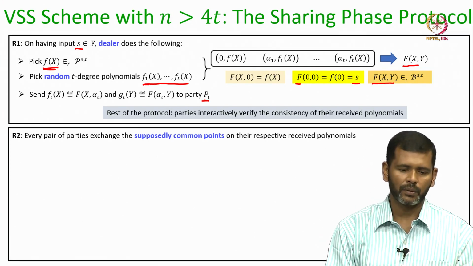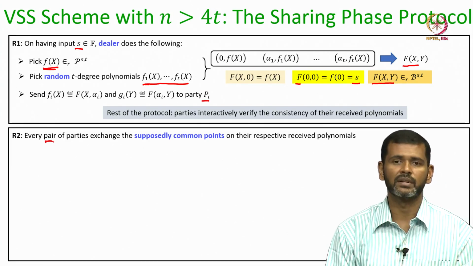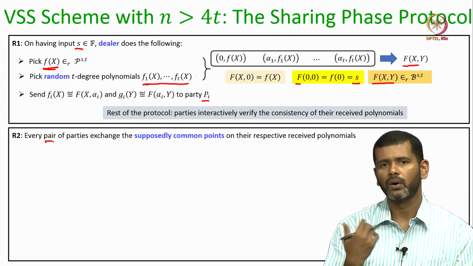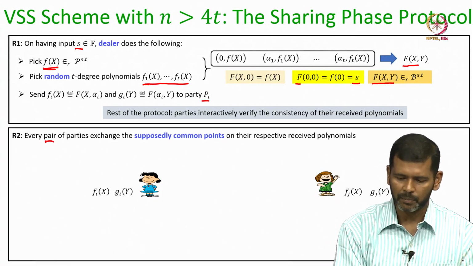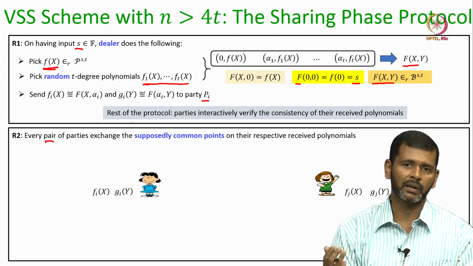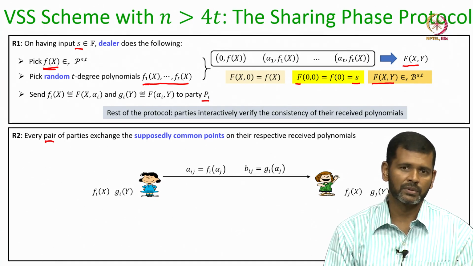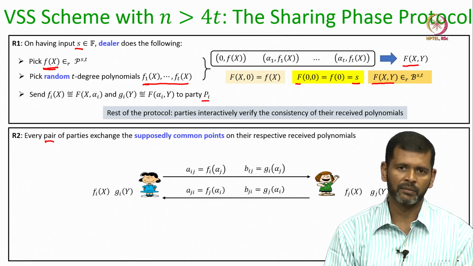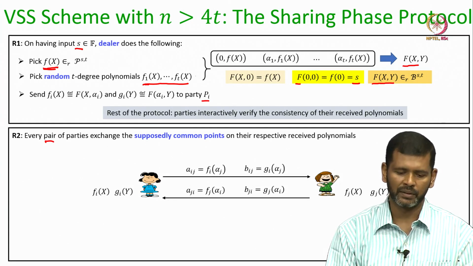So, once the first round is over, then during the second round, every pair of parties exchange the supposedly common points on their respective polynomials. So, you have party Pi and party Pj with their respective row and column polynomials, and they exchange the supposedly common points on their respective row and column polynomials with each other over the private channel during the second round.